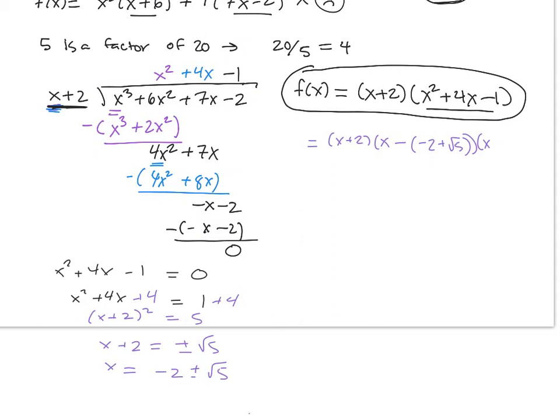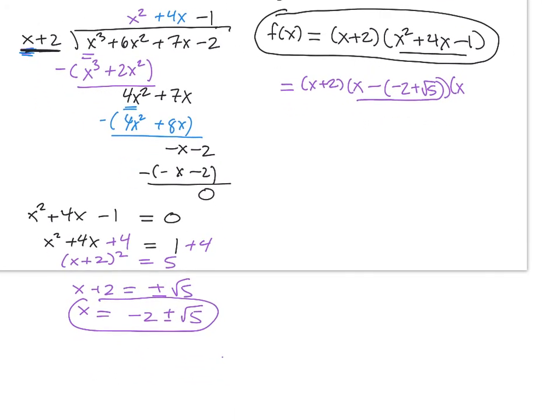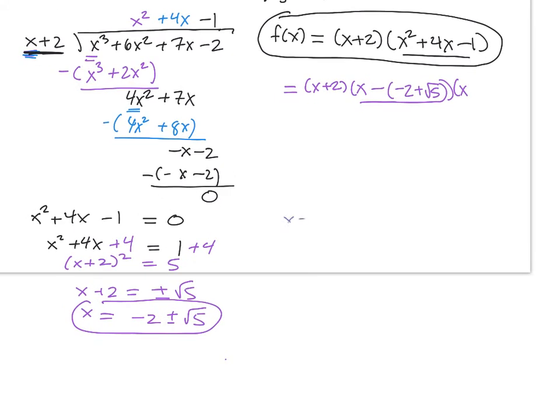Okay, backtrack a second. So this tells you that you have a 0 at -2 plus root 5, right? And if I plug -2 plus root 5 into that factor, does it zero out? Does that make sense? Like if you had a 0 at -2, the factor that came from is x plus 2, right?